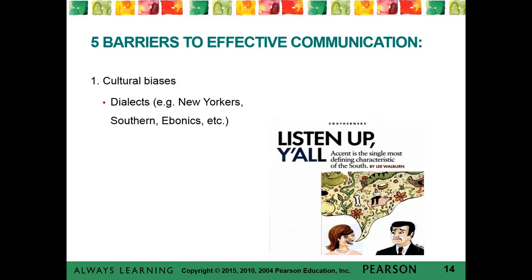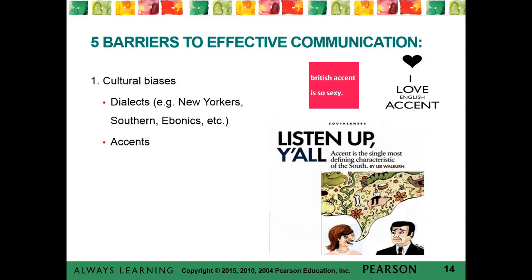And we are familiar with this term because, if you pay attention, New Yorkers have a different dialect than, let's say, Southerners. And we all are familiar with the phrases howdy or y'all. These are examples of language patterns from one region of the country that are different from other regions of the country. Now, that's a little different from accents. And he defines an accent as differences in pronunciation.